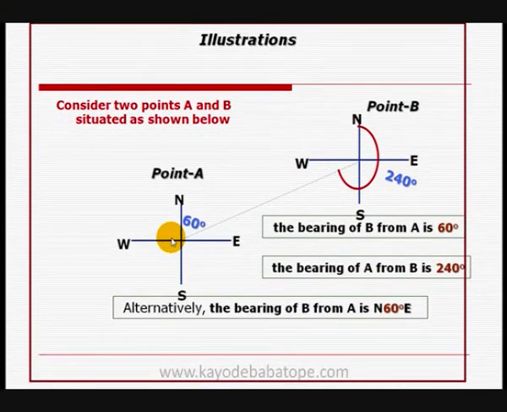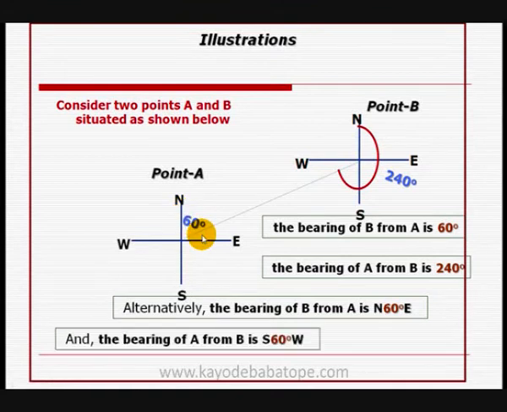Alternatively, the bearing of B from A could be said to be north 60 degree east. Remember, based on compass bearing. And also, the bearing of A from B, which is 240 degrees, can be said to be south 60 degree west. Did you see that now?